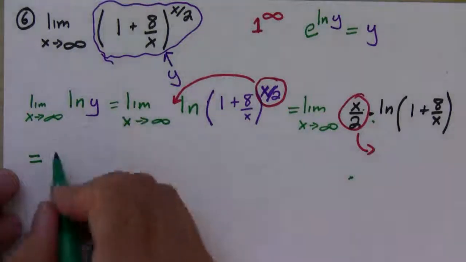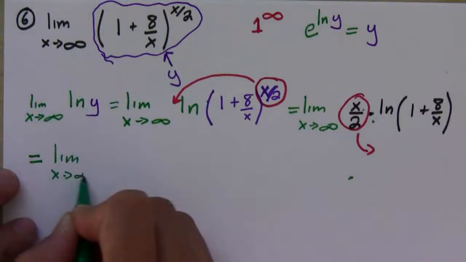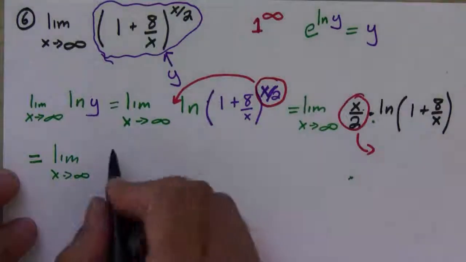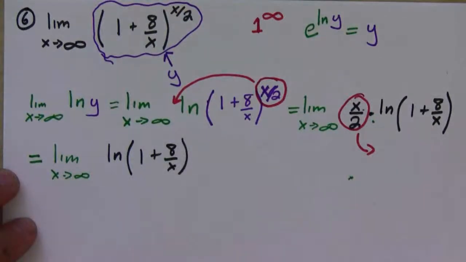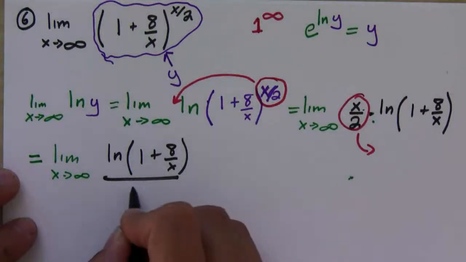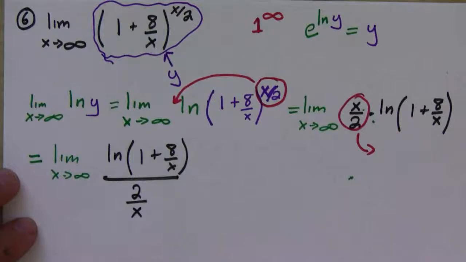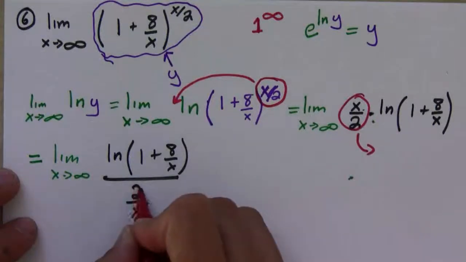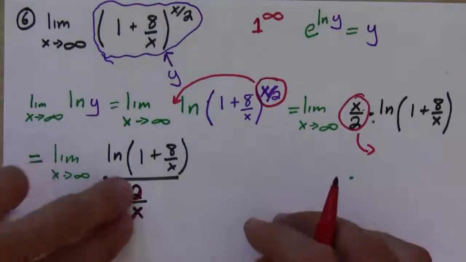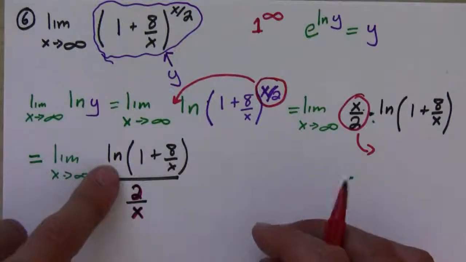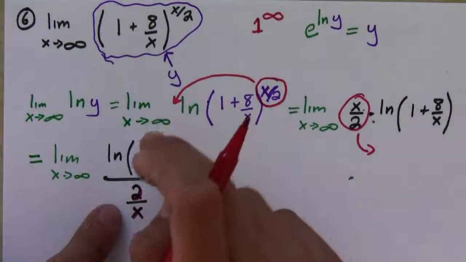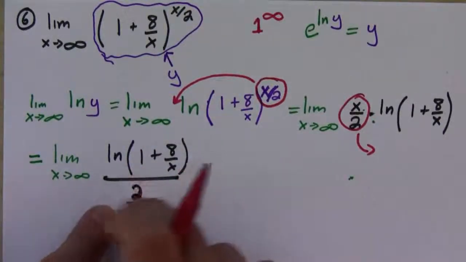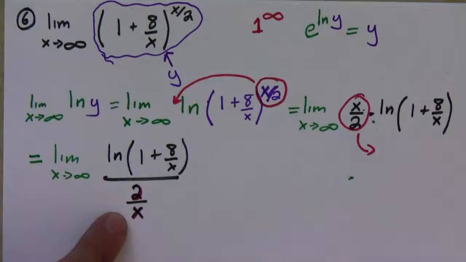So this would equal the limit as x approaches infinity of natural log of 1 plus 8 over x over 2 over x. That's the guy I brought down, and it comes down as the reciprocal. If I invert and multiply by this guy, I would go back to this one. This is the little trick that I use, because now I have 0 over 0, since the denominator is also approaching 0, and this allows me to use L'Hopital's rule.